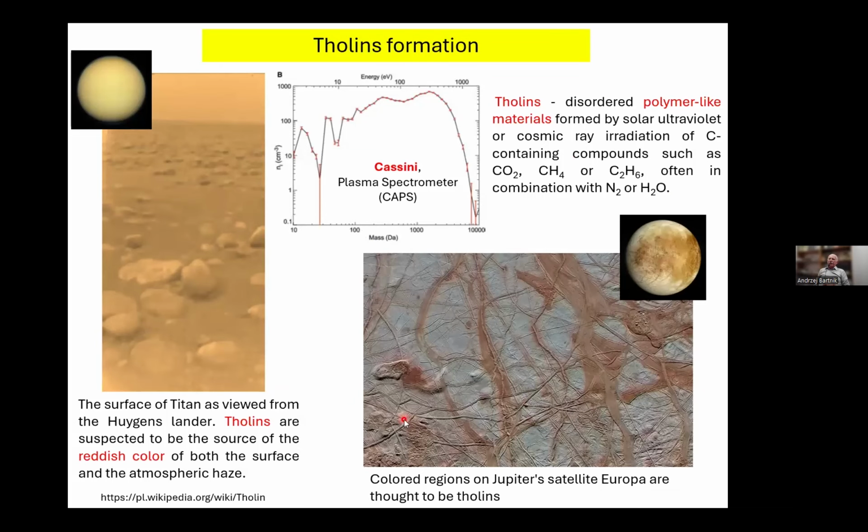The next type of experiments concerns so-called tholins. Tholins are disordered polymer-like materials that were found on Titan by the Huygens Lander, and probably they form also this reddish places on Jupiter's satellite Europa.